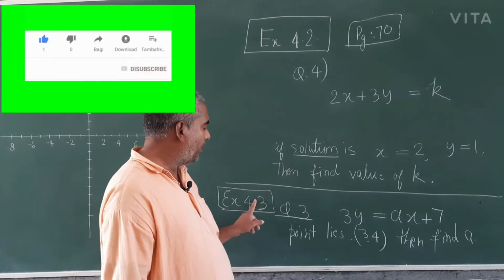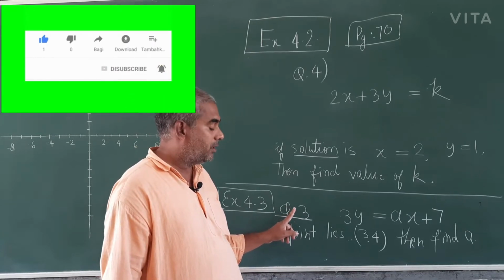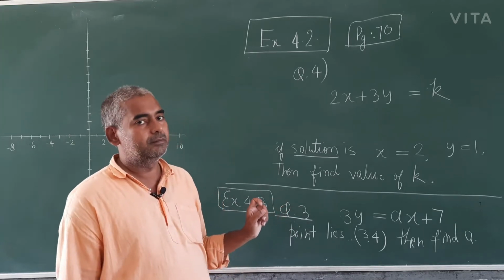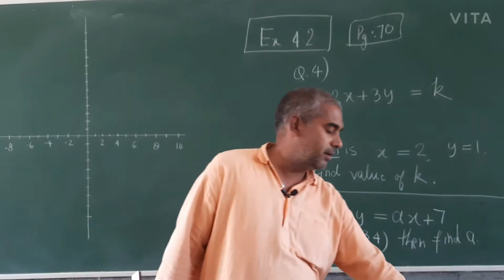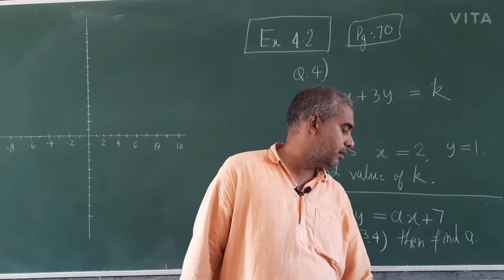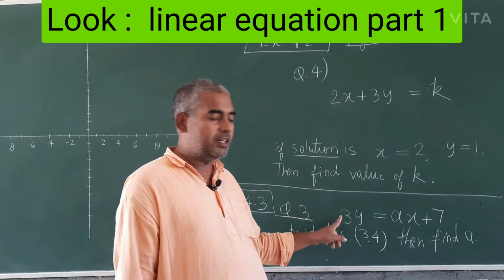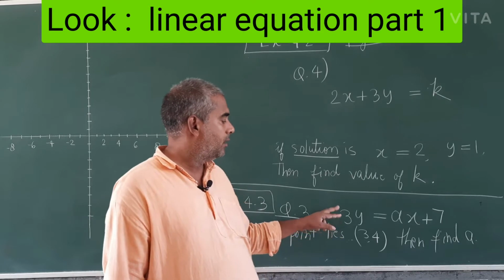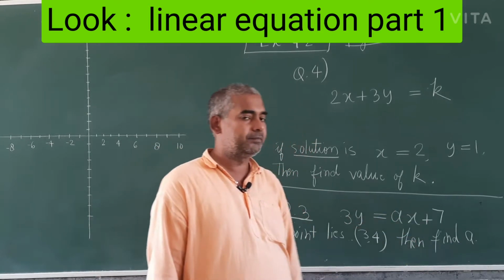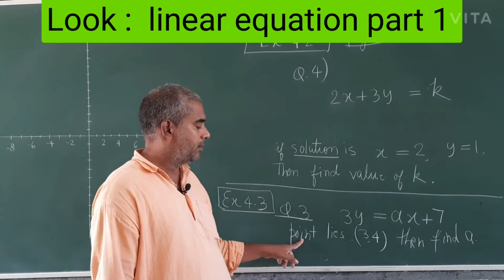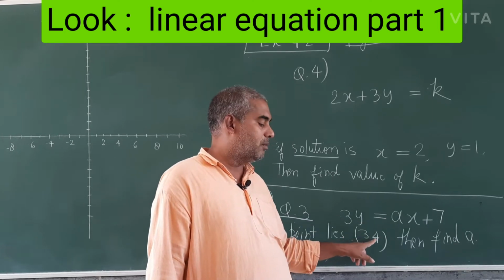Similarly, in 4.3, question number 3, page number 74, question number 3 is there. 3y is equal to ax plus 7, and a point lies on this line, 3,4.